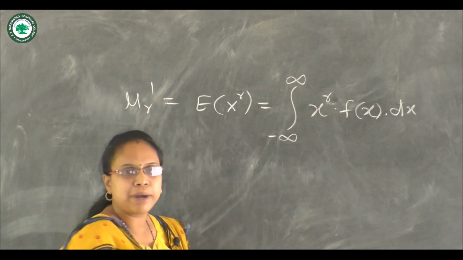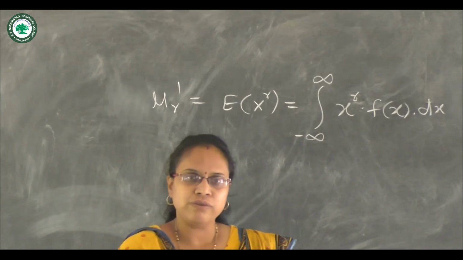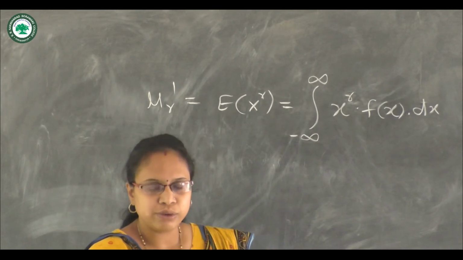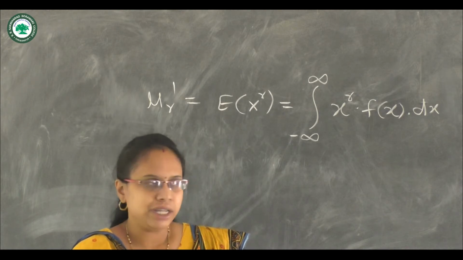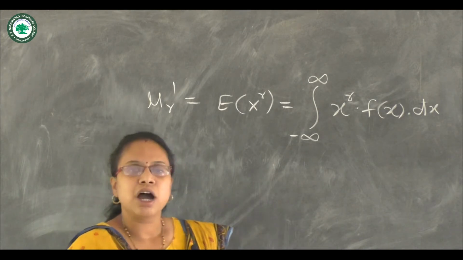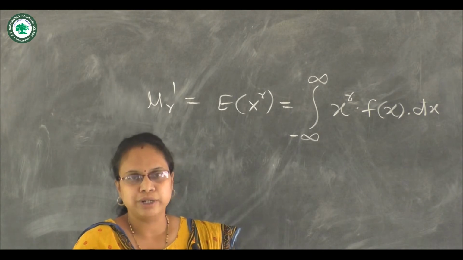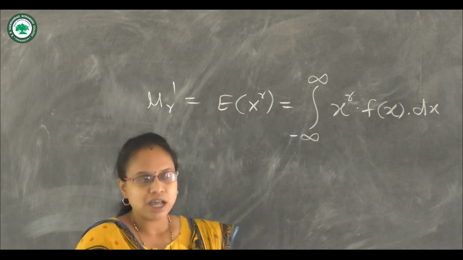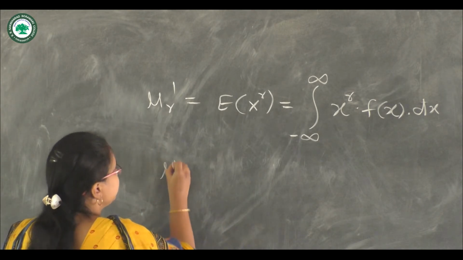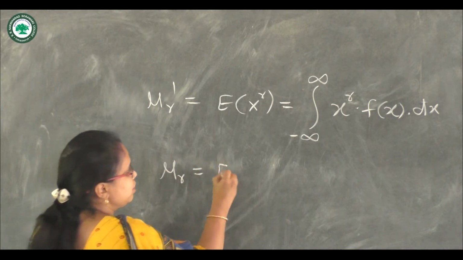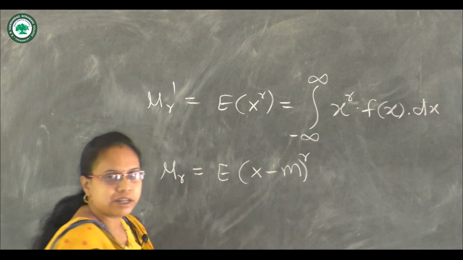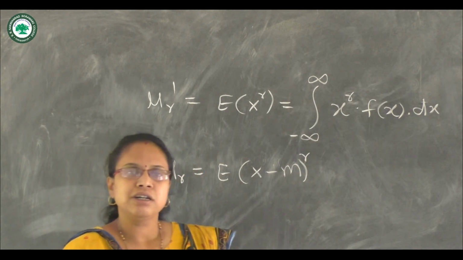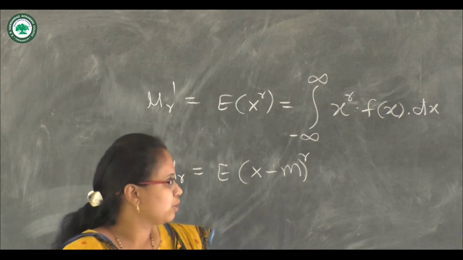In this way, by substituting the value of r as 1, 2, 3, 4, we can find the rth raw moment. Similarly, I taught how to find the central moments. The central moments can be found as mu r equals expected (x minus m) raised to r, where m is the E of x, that is, the expectation of x.